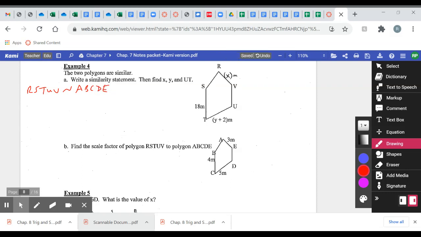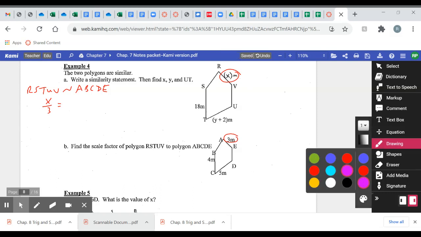From there, we can set up a proportion and a cross multiply. So in this case, the x corresponds with the 3. And that's equal to the 18 over 4.